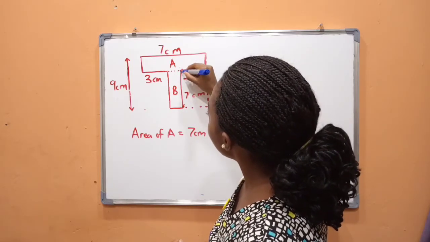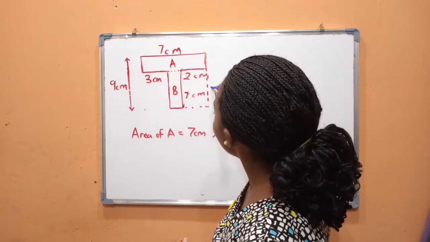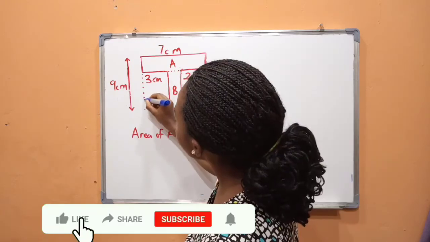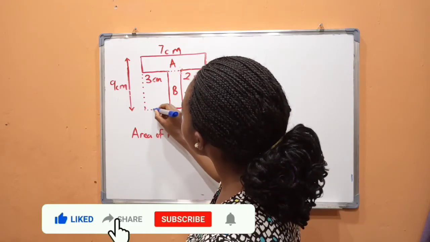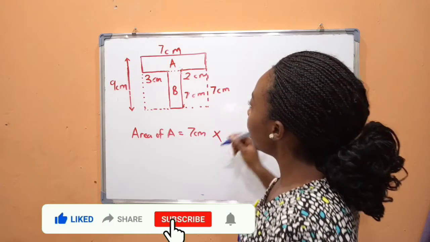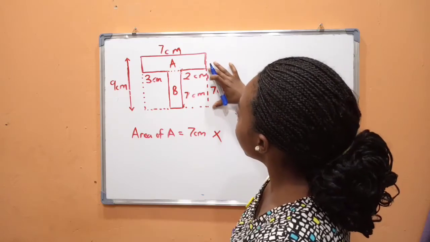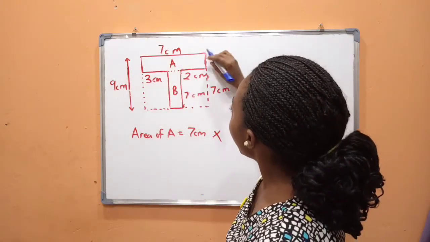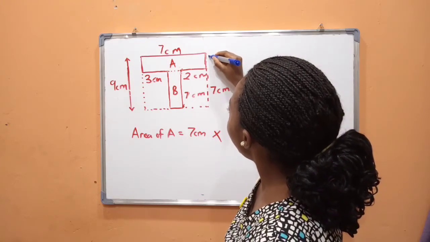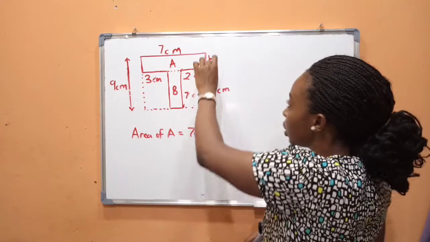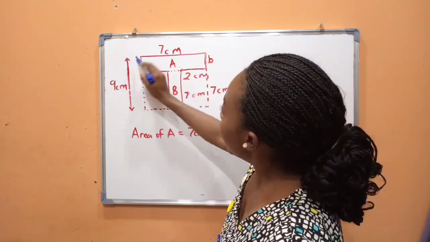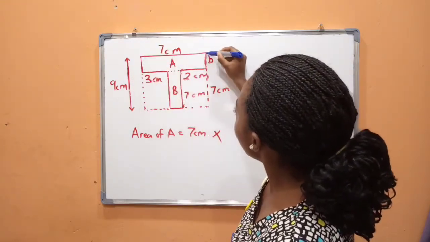If this line is 7 centimeter, that means here is equally 7 centimeter, okay? So if here is 7 centimeter and the entire length is 9 centimeter, how do we find this? Let's call this B, all right? Let's refer to this unknown as B. That means here ought to be equal to here, right?